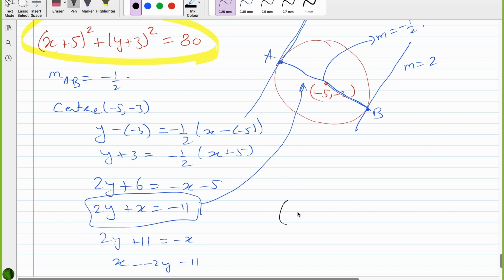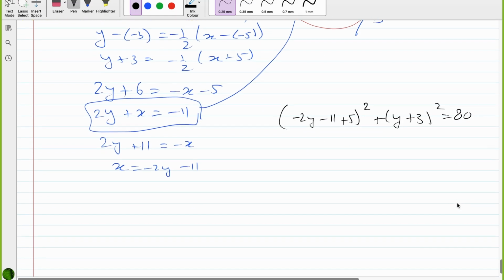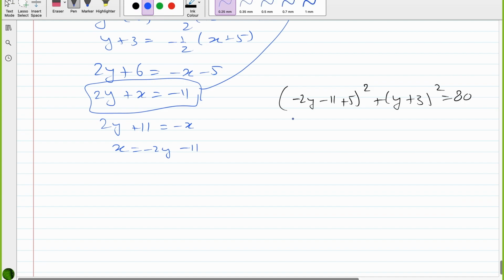So I'm replacing x: (-2y - 11 + 5)² + (y + 3)² = 80. Now simplifying, I get (-2y - 6)², that is y² plus 2ab plus b², equals 80.